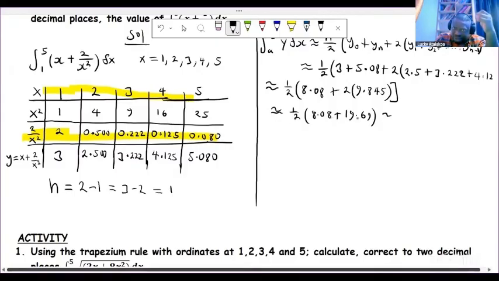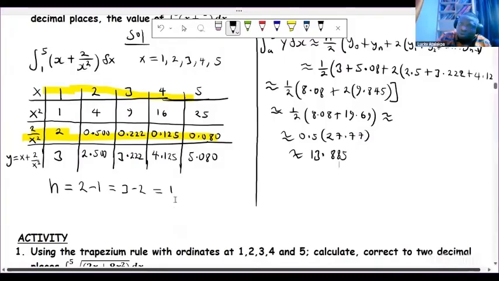Then, of course, this is 0.5. If you add these two figures together, you'll get 27.77. By the time you multiply, you will get 13.885.